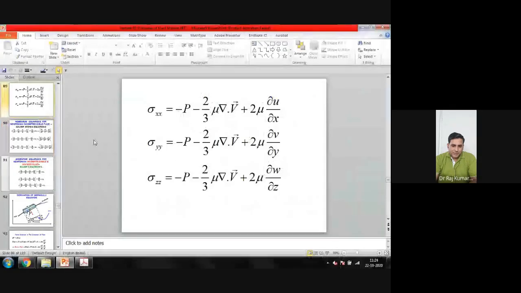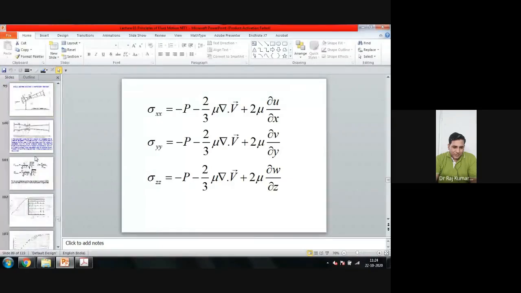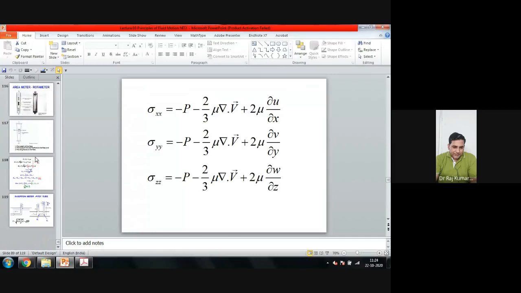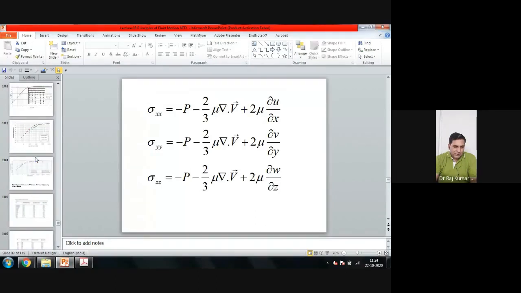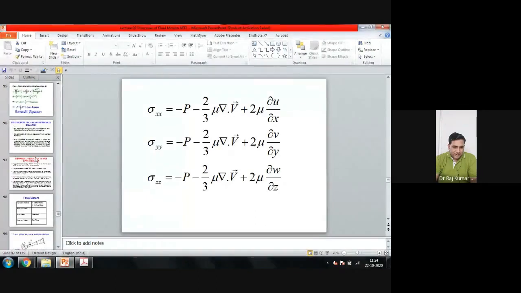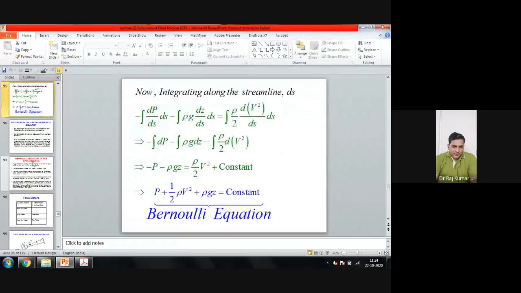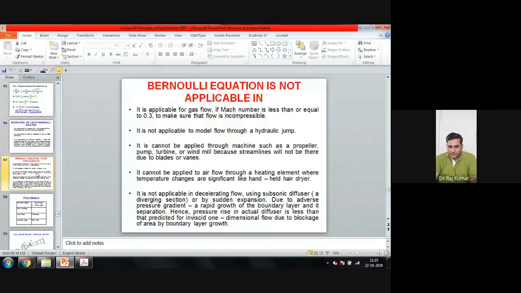There are several questions that need to be solved. So Bernoulli application and derivations are there. Next class we will do this part. So in this, we will end the Bernoulli part: that means the uses of Bernoulli, the derivation, and cylindrical coordinates also. I will cover that particular part.